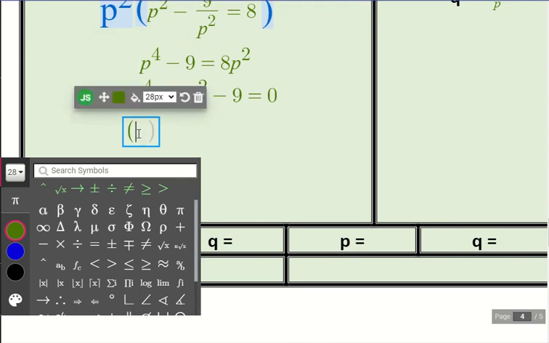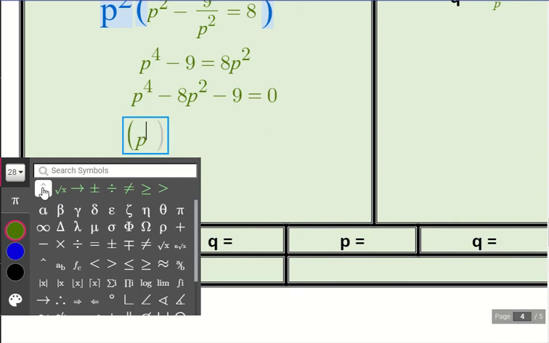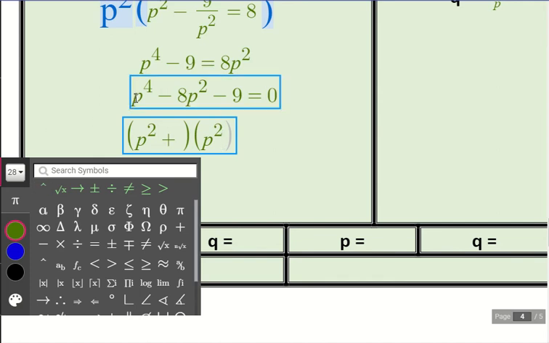When I go to factor, I have p squared with a plus, and I have p squared with a minus, because p to the fourth is a perfect square, so I just take the square root. p squared times p squared is how you get p to the fourth.